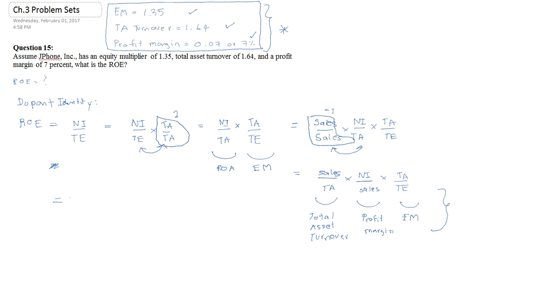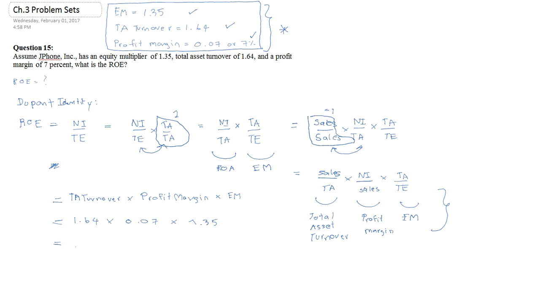Return on equity based on the DuPont identity will be total asset turnover times profit margin times equity multiplier, where total asset turnover equals 1.64, profit margin equals 7% or 0.07, and the last piece, the equity multiplier, is 1.35.